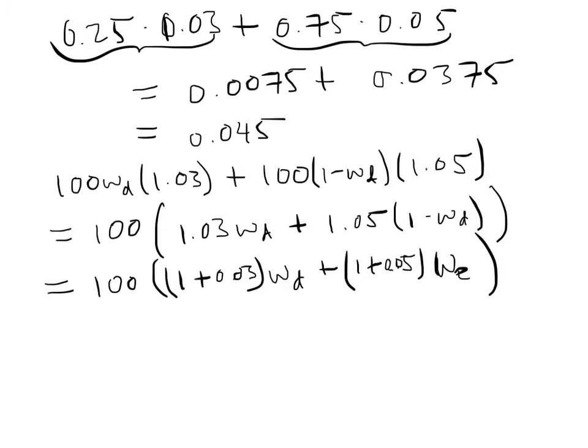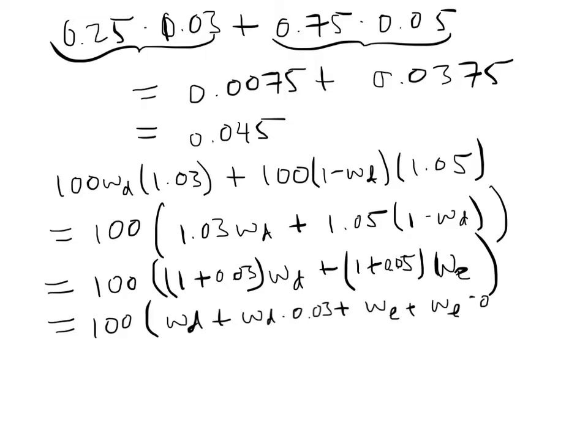I can distribute the omegas into each of these sums, so that that's equal to 100 times omega d plus omega d times 0.03 plus omega e plus omega e times 0.05. Now what do we notice?